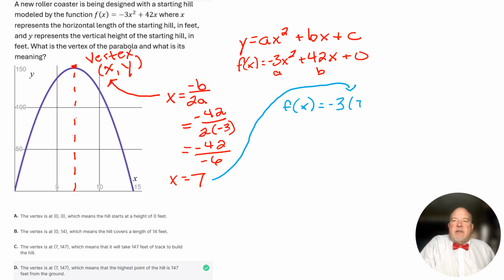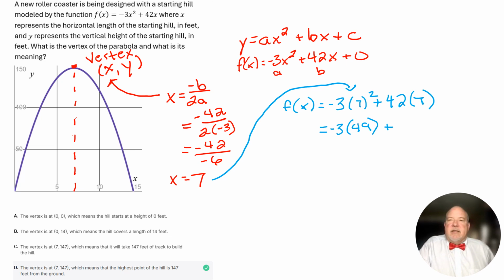So I have 7 squared plus 42 times 7. I'm replacing the x with 7. I don't need to put the plus 0. So I start simplifying this. Now I have -3 times 49, and then plus 42 times 7.